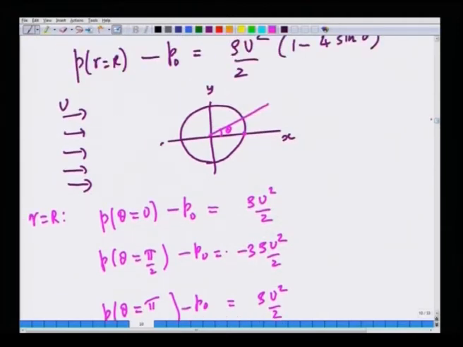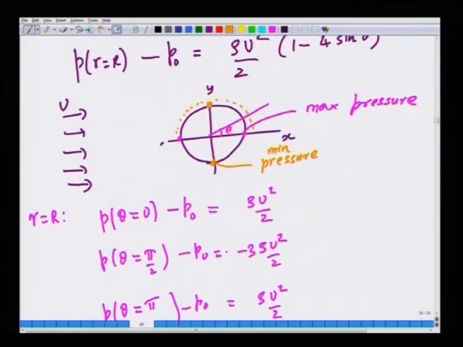So, the pressure is a maximum at these 2 points, and the pressure is a minimum at these 2 points, and the variation of pressure over the surface is symmetric.